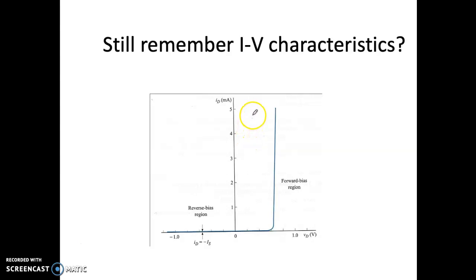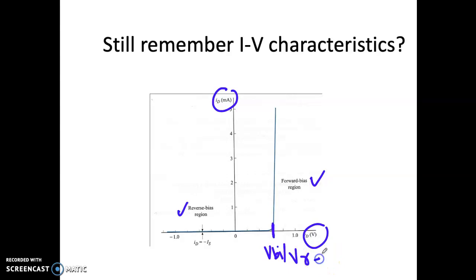Do you still remember the IV characteristic of the diode? I explained it in the previous chapter. We have ID and VD, and it is divided into two parts. The first one is reverse bias, and the second one is forward bias. In between the reverse and forward, we have VBI or V gamma.